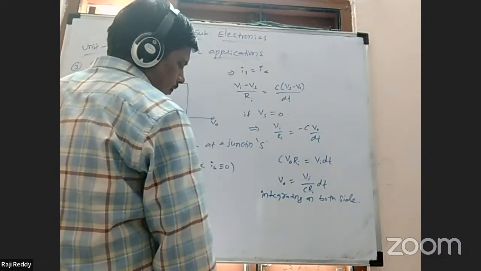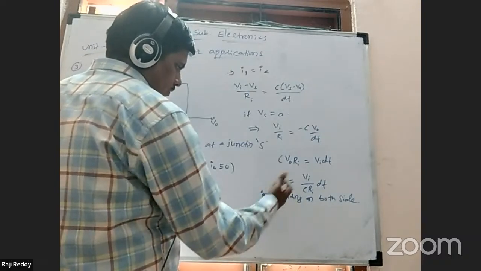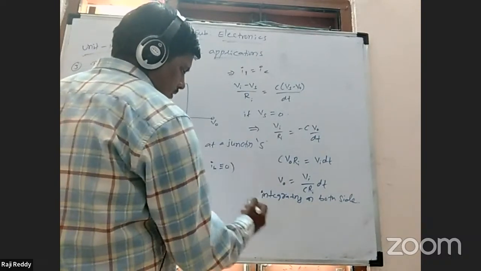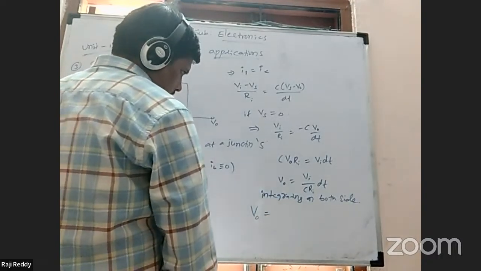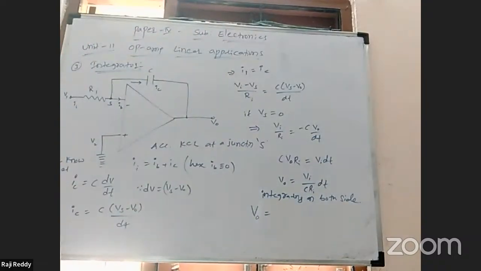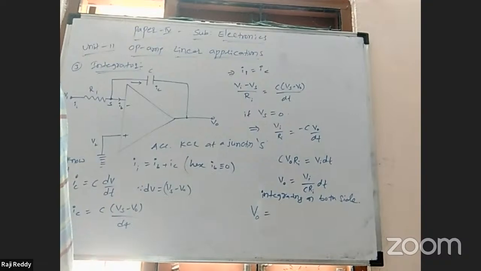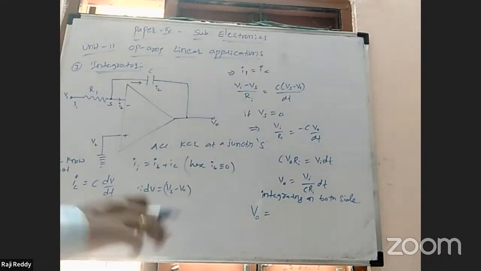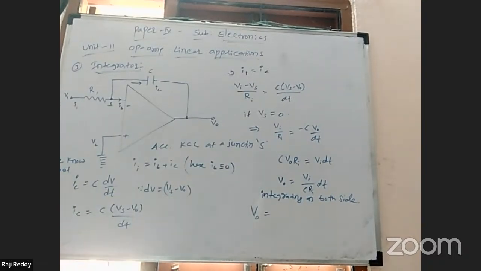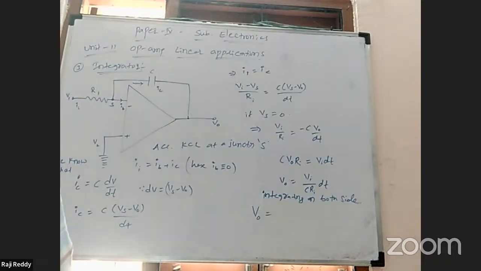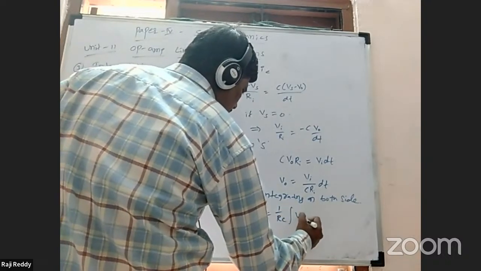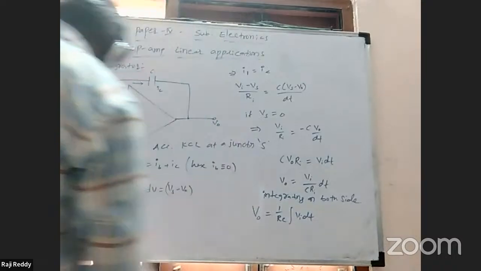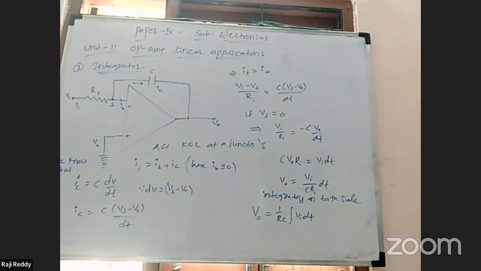Integration of dV is V with respect to time, so we will get V naught, then we will get a constant term. Input resistance, you can consider instead of Ri, R only. Then C only. Then V naught is equal to 1 by RC integration Vi dt.